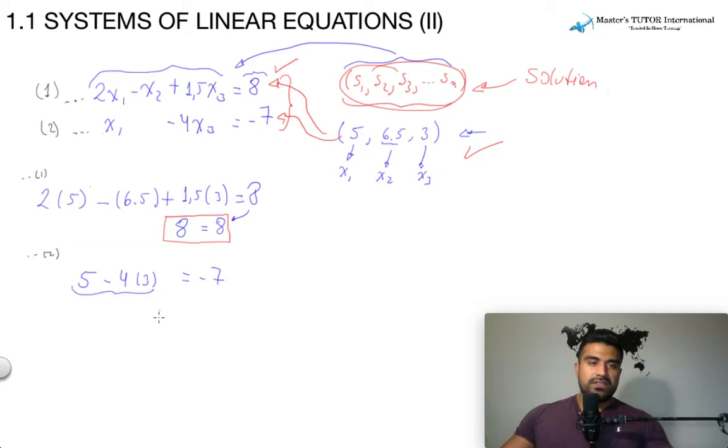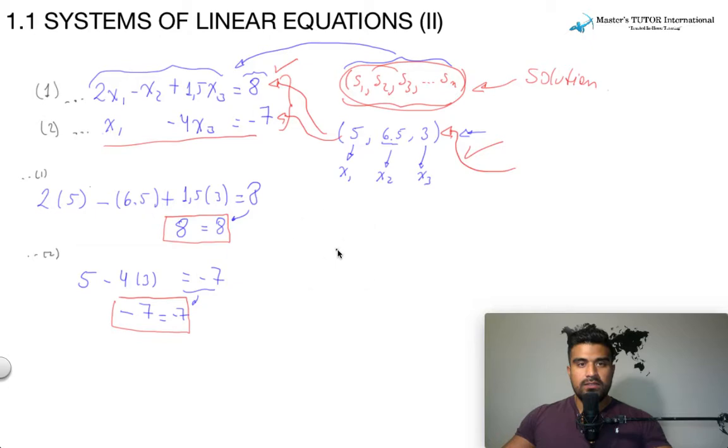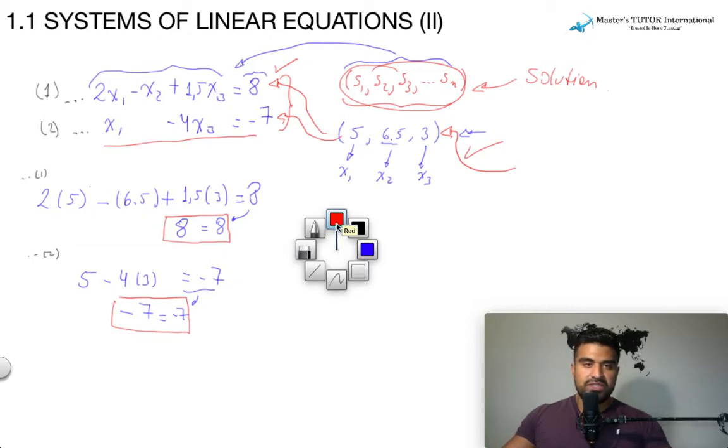If we solve this, we see that this is minus 7, equals minus 7. This is a true statement. So, again, these values make this second equation also a true statement. So these values make both equations, 1 and 2, true statements.